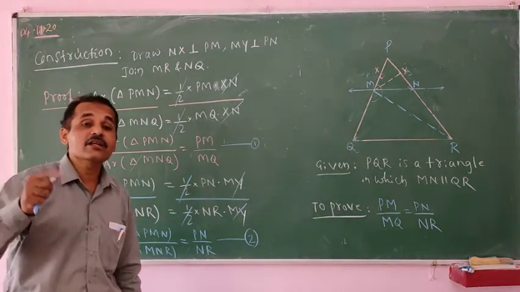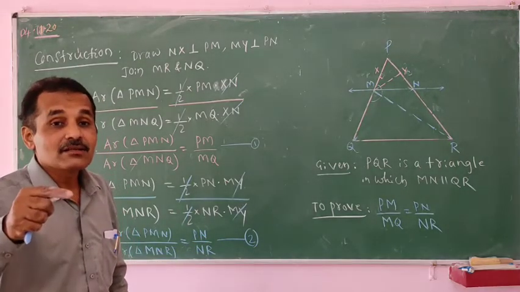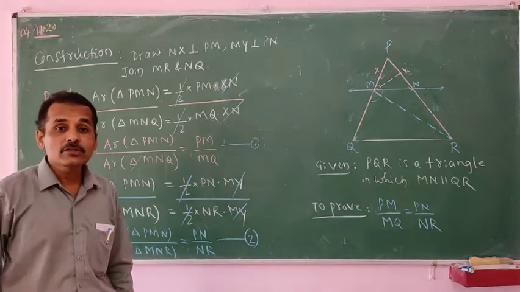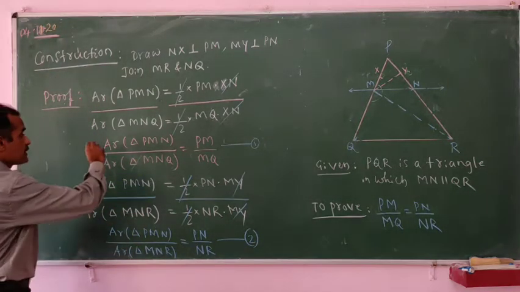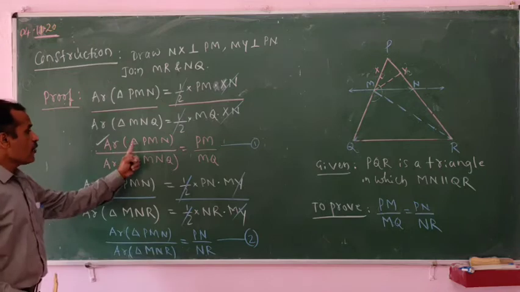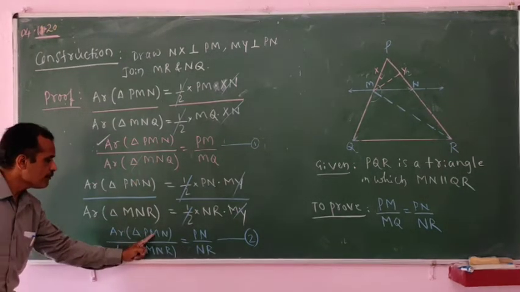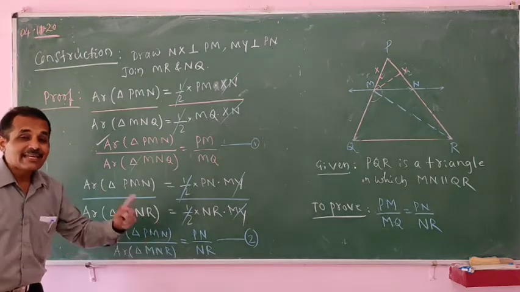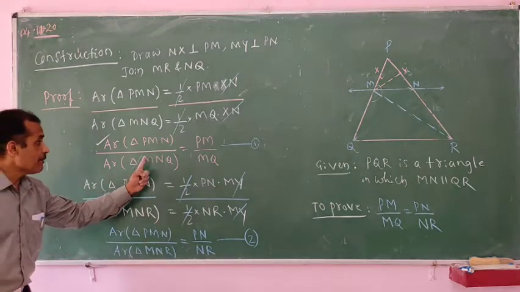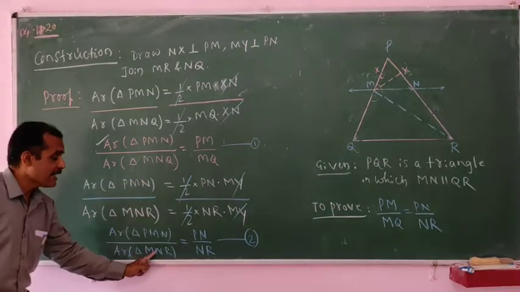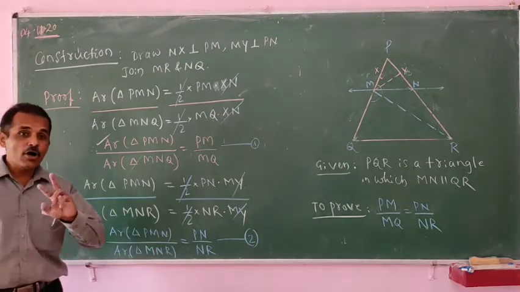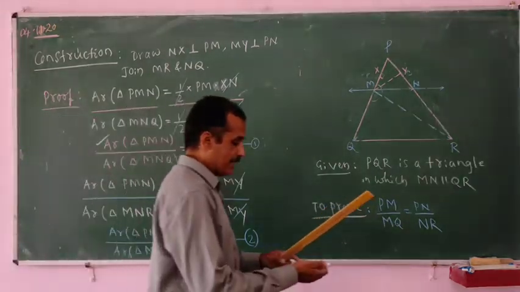But my dear children, I can't cancel the LHS of both. What is the problem? See the numerator, area of PMN, area of PMN, the numerator is the same, but look at the denominators, MNQ and MNR. The denominators are different. What will I do now?